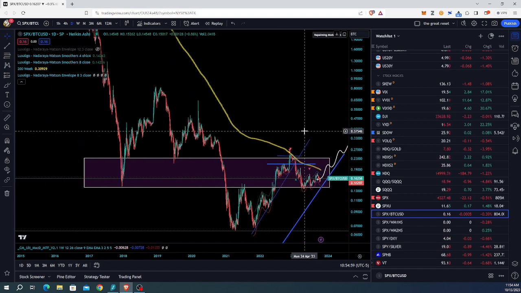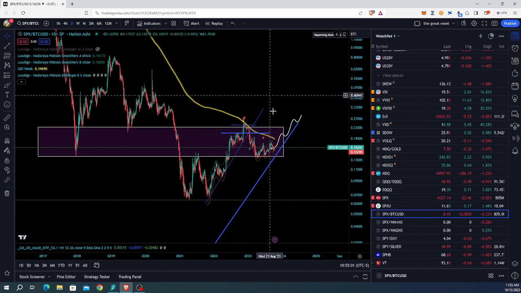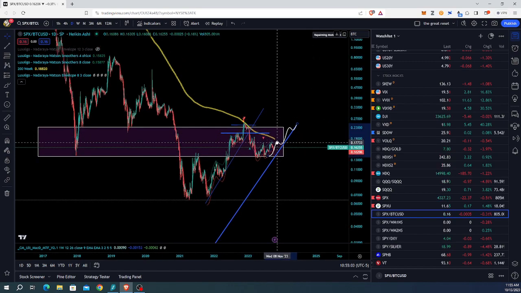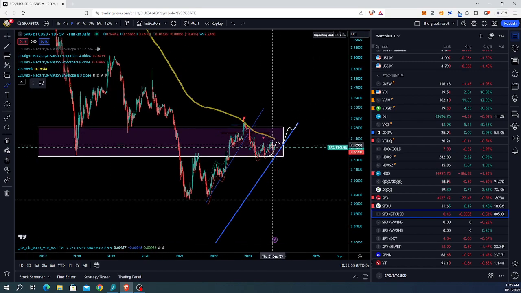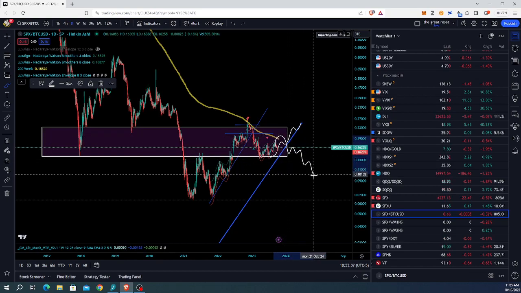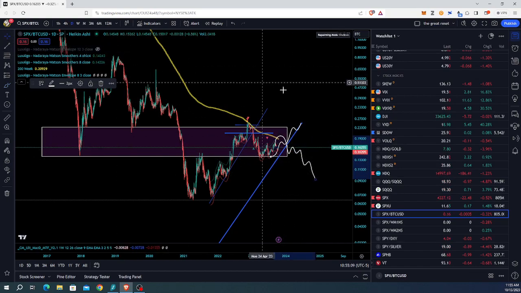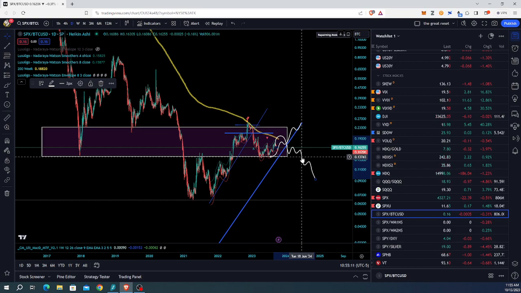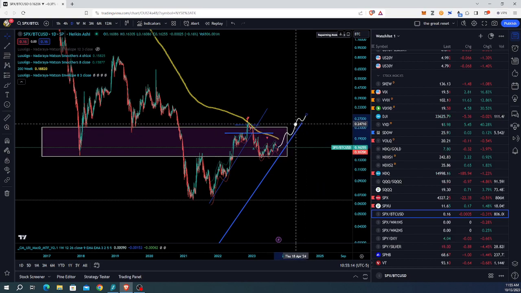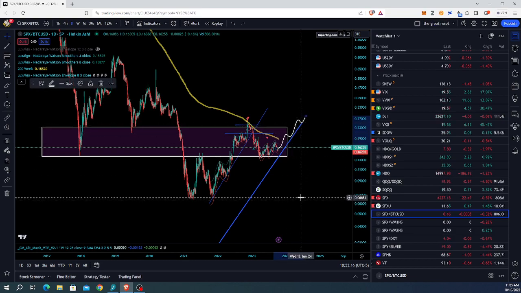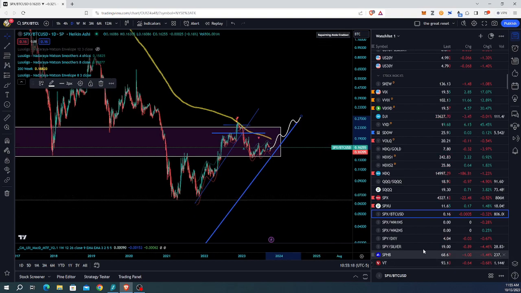This could certainly be consolidating and potentially moving lower. This could be a resistance level right here, and then we go back down this way. That would be good for Bitcoin. But if we get this scenario where we have a breakout of the S&P against Bitcoin, that's very, very bad for Bitcoin.